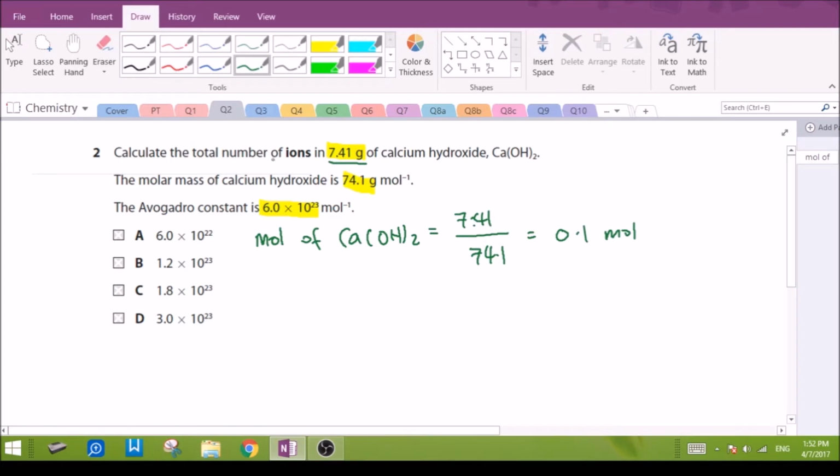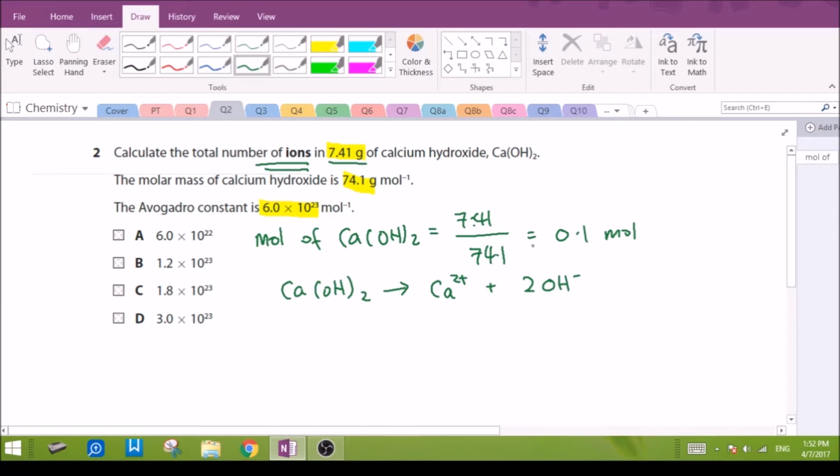Now, how many ions are there? I'll write it in an equation so that it's clearer. For every 1 calcium hydroxide unit, we will have 1 calcium ion and 2 hydroxide ions, because of the bracket 2.